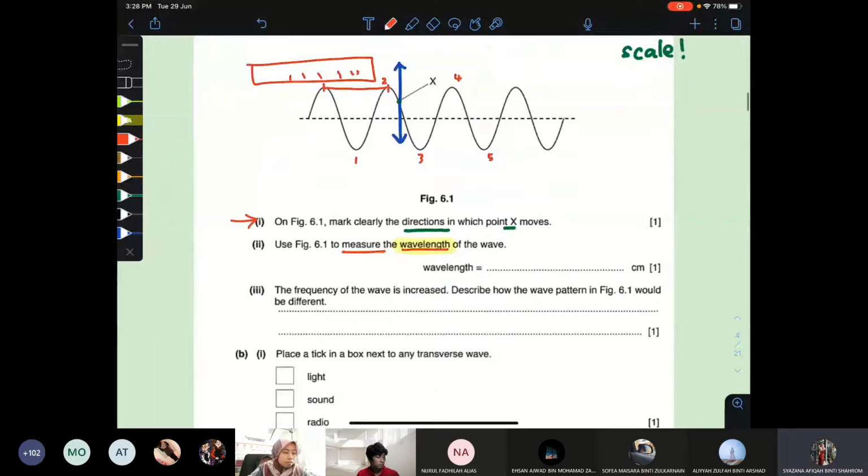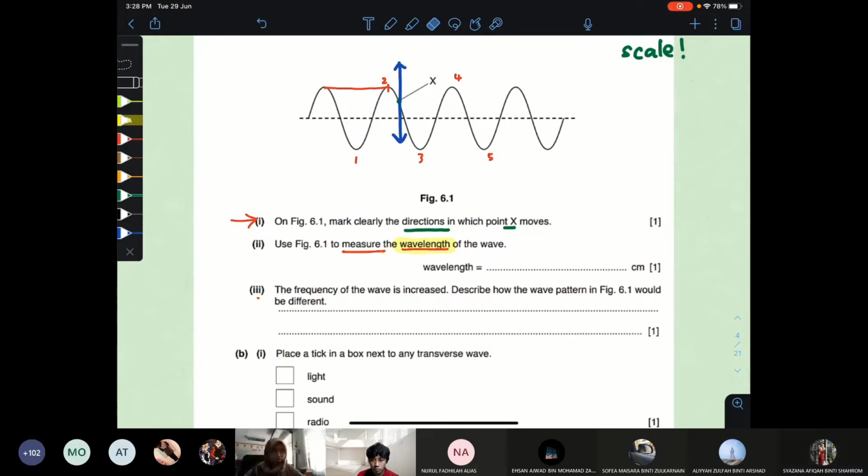Question number 3: the frequency of the wave is increased, describe how the wave pattern in figure 6.1 would be different. So now the frequency is increased. Will you see more waves or less waves? More waves. You all dah jawab kan ni.